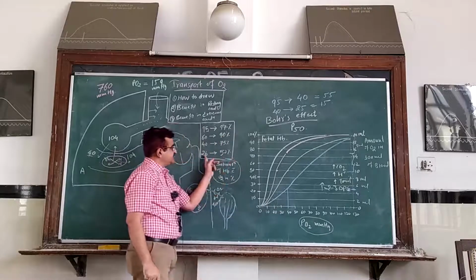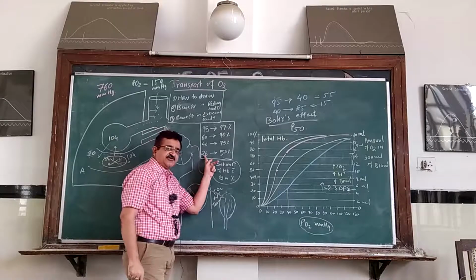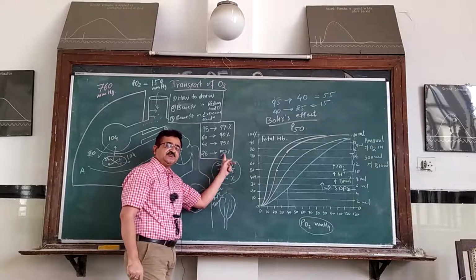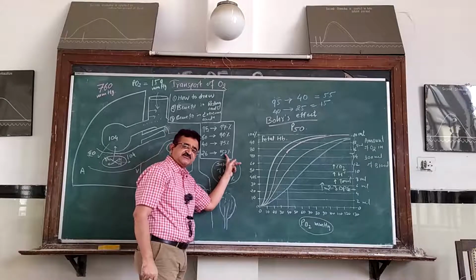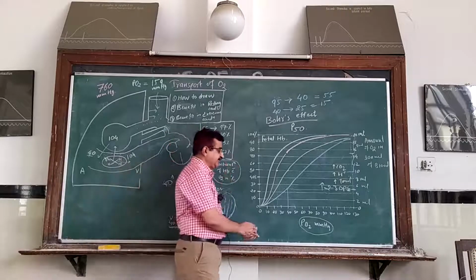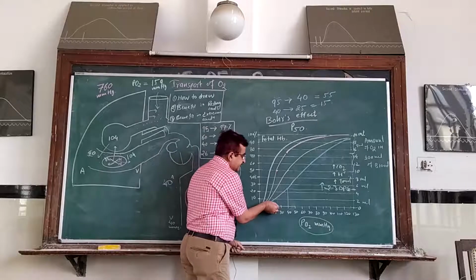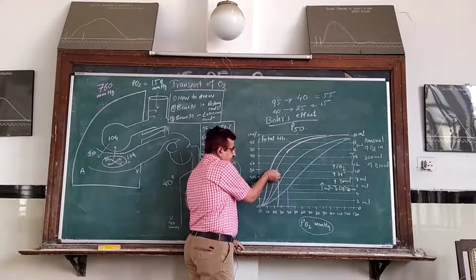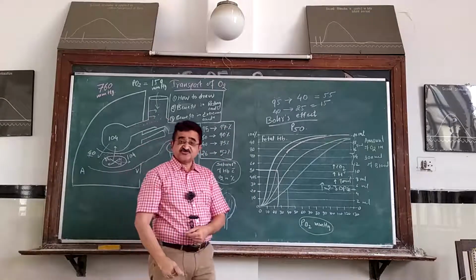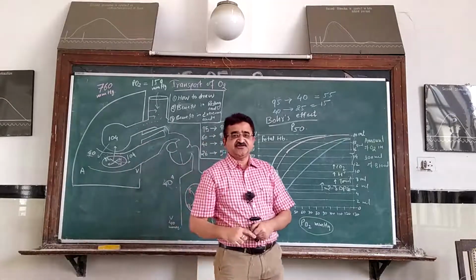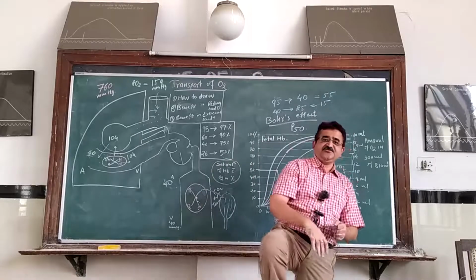In this table, we have shown that it is 26 mm of mercury at which the hemoglobin is 50% saturated. So, in the normal circumstances, what is the value of P50? It is 26 mm of mercury. This is the P50.